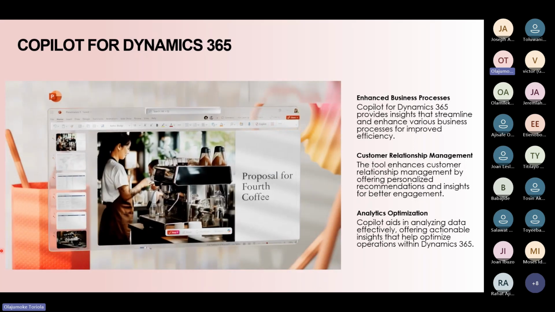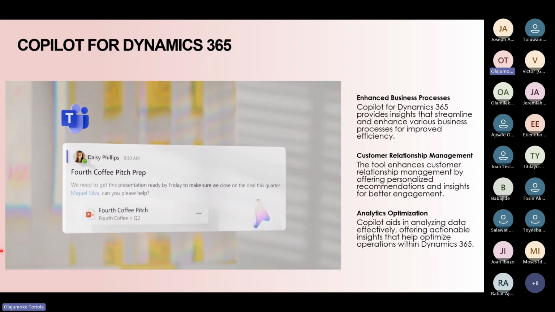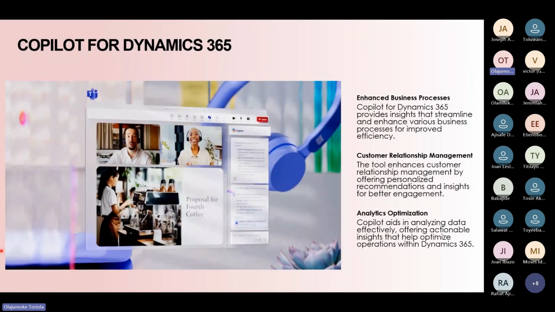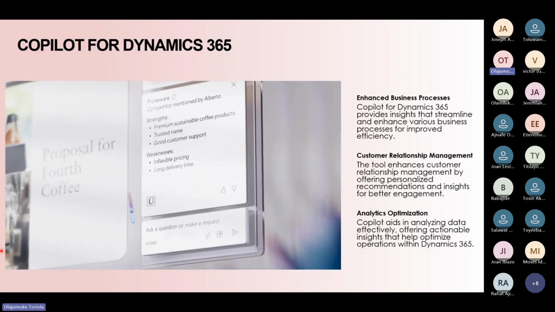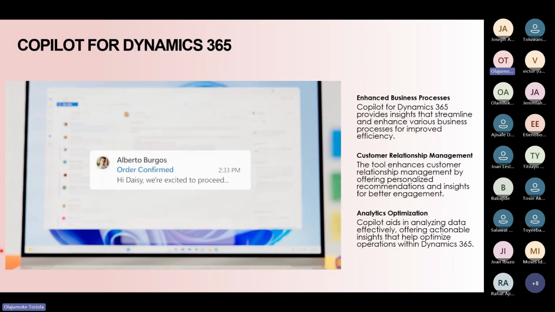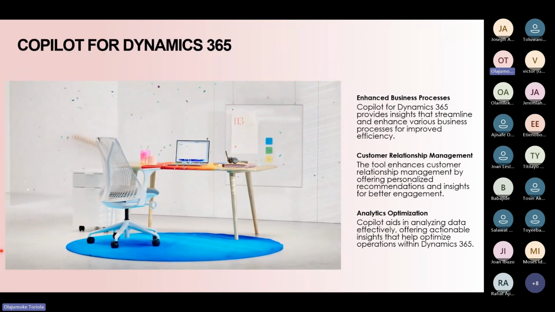If you're a Dynamics person, you will see Dynamics breaks down into things like customer relationship services, your supply chain, which falls under your ERP, that is your enterprise resource planning solution, then finance, marketing, and all of that.